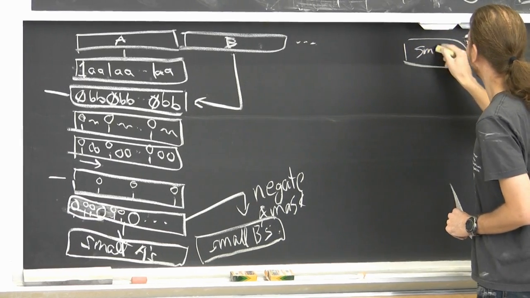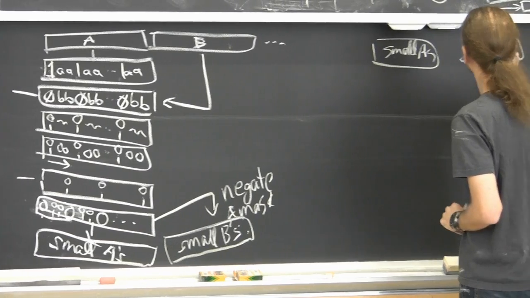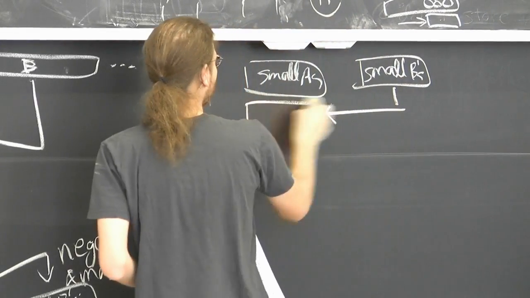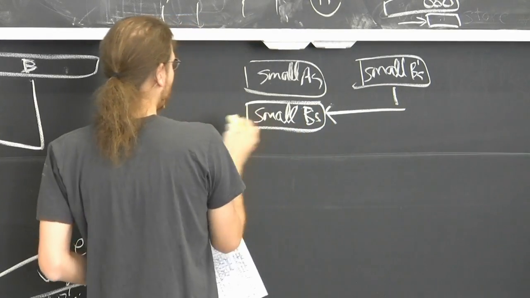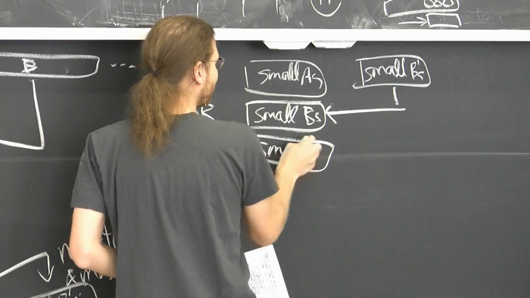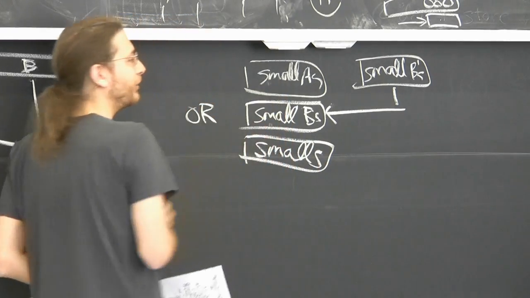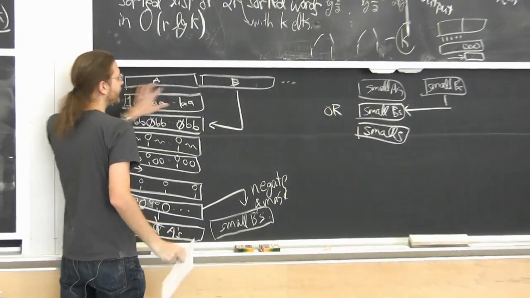So we've got small a's, small b's. I take this thing, I shift it over, so I have small b's here. And then I OR these together, I get all the smalls. These are designed to never conflict, because I took the inversion here. So I get the smaller of the a's, smaller of the b's.